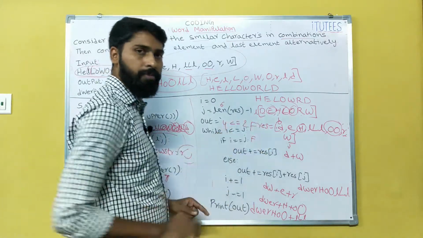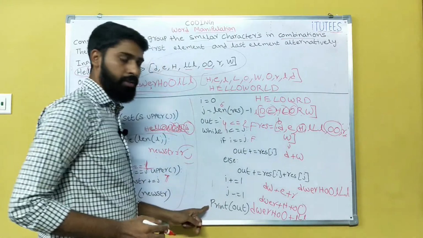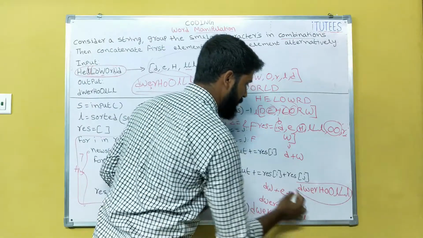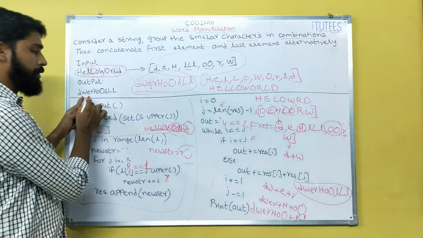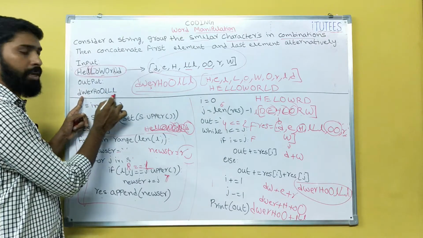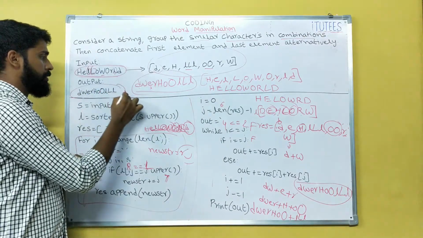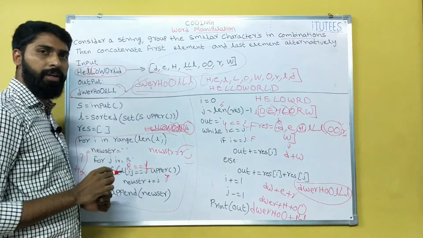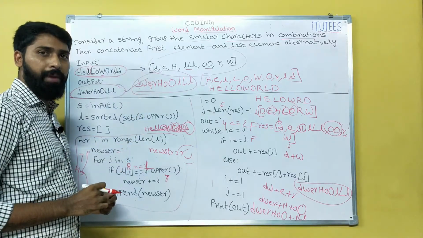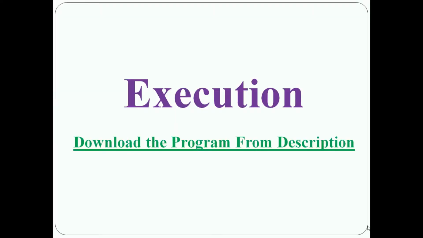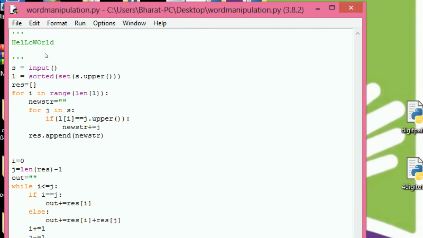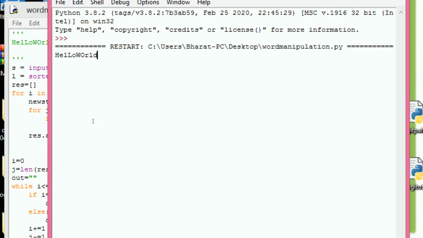This is false, so print out. What is in the out? DWERHOOLLL. So this is the output. I hope you all understand the word manipulation. Now we are going to see the execution of the program.